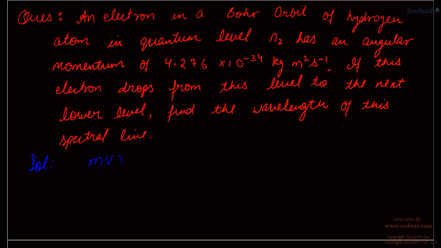Since we know from the Bohr model that mvr equals nh upon 2 pi, where n is the value of the principal quantum number, and we are given the value of angular momentum, 4.276 into 10 raised to the power minus 34 equals n into 6.626 into 10 raised to the power minus 34 upon 2 pi.